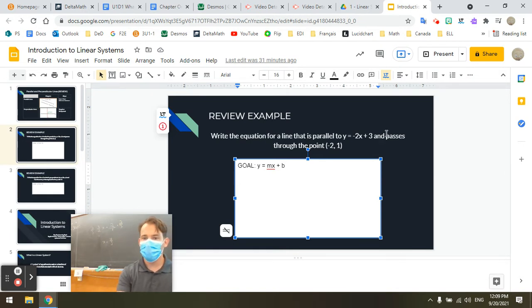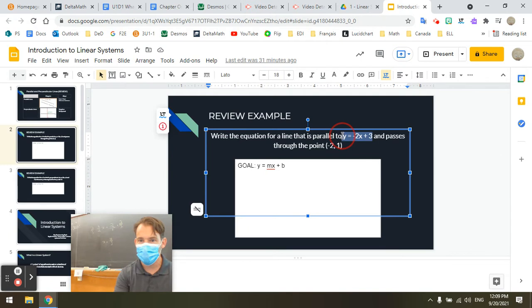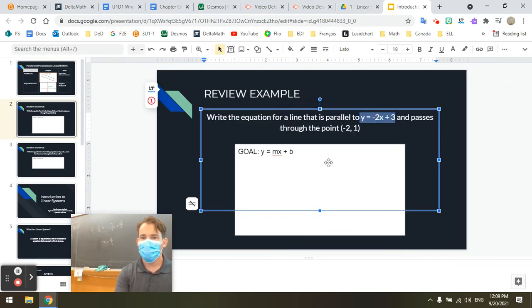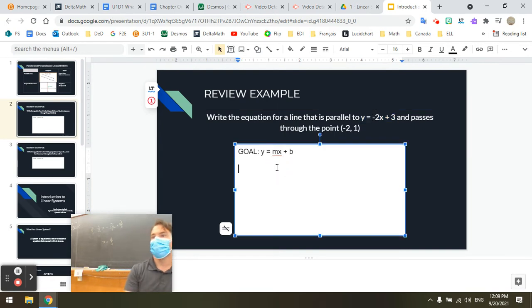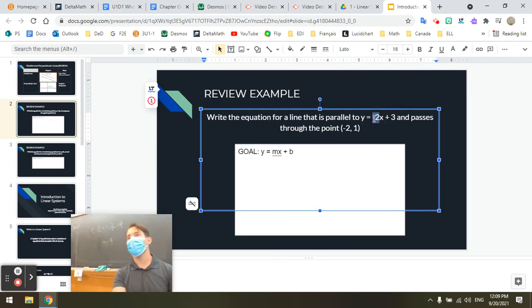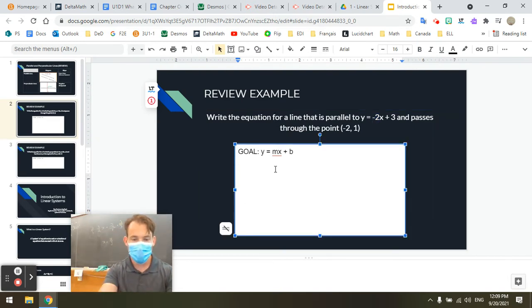Yeah, it's going to be the same as this slope. And I would say negative 2, not negative 2x, because negative 2 is my m. My m is my slope. The m multiplies the x. So in my thinking, I separate those two things. I know this is guaranteed: m is going to be equal to negative 2.